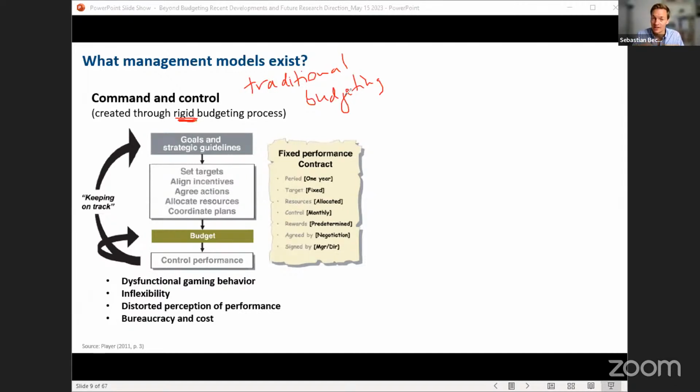And so that's a huge problem in the organization. And then it has to be signed off, right? So it's a very hierarchical process. Okay, so this is the idea of traditional budgeting leading to a command and control type of management model. Okay, but this is what we are all very familiar with, because that's the traditional way of how organizations get managed. Okay, so we are very familiar with this type of management model.